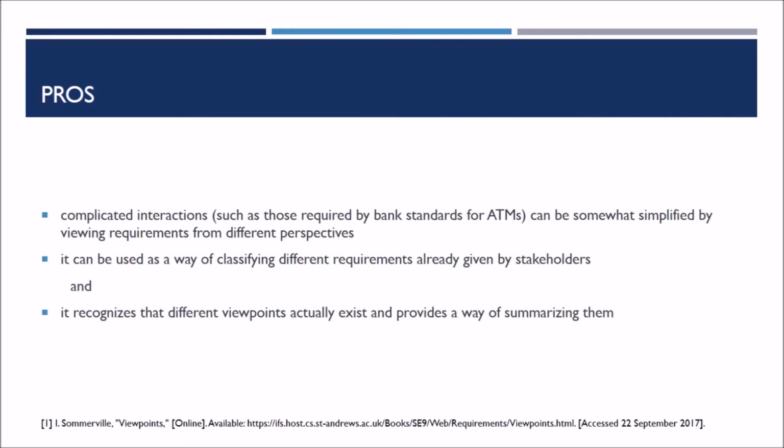And requirements can be classified when they've been given by different stakeholders, and that can make it a little bit easier to grasp how the requirements are all fitting together when they're all classified and you can see how they interact with each other.